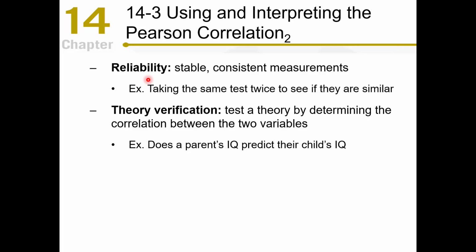So does a parent's IQ predict their child's IQ? Now, we can't predict it one to one because again, with environmental things and schools and everything that happens outside of the parent and the genetics we talk about, there may be some differences, but there has been research to show that a parent's IQ does in fact predict the child's IQ.